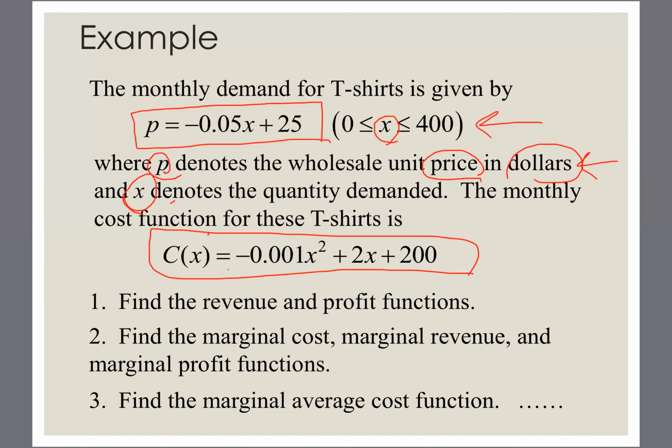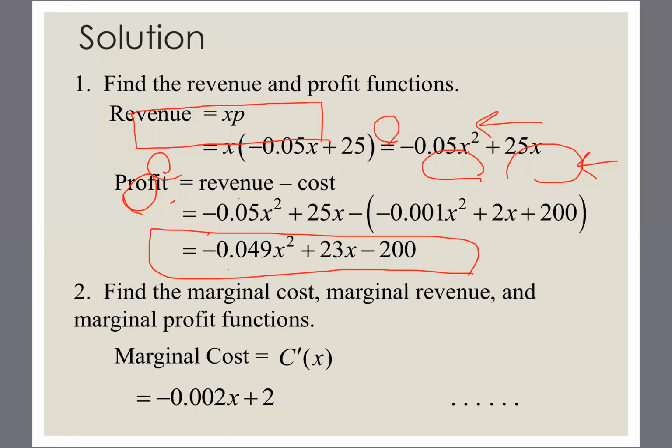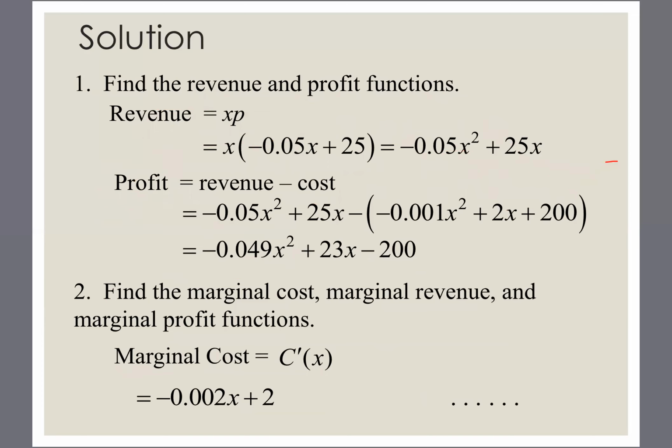Because we know this equation represents the price, and revenue means price multiplied by the number of units. Therefore, we can get the revenue function by multiplying our demand function by x. Now you can see it, right?